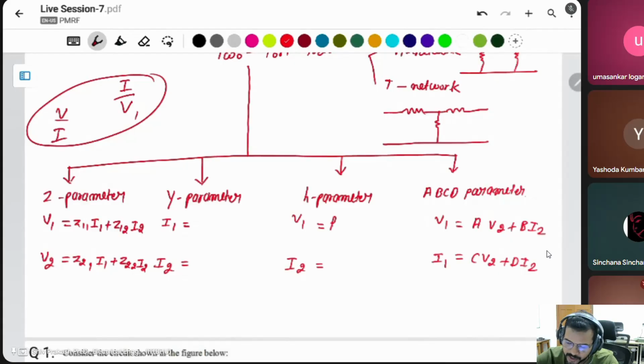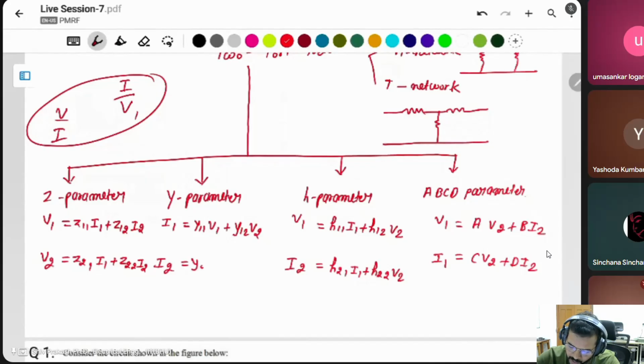It is modeled as H11 I1 plus H12 V2, H21 I1 plus H22 V2. While the admittance parameters are Y11 V1 plus Y12 V2, Y21 V1 plus Y22 V2.